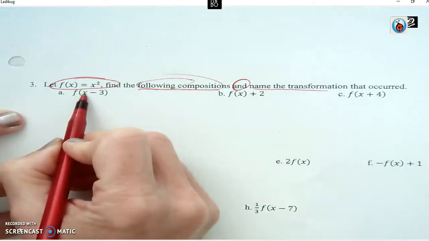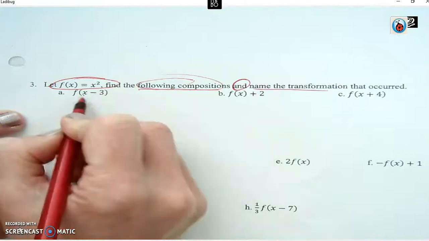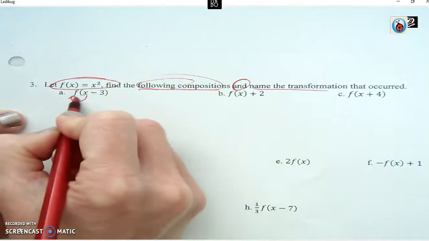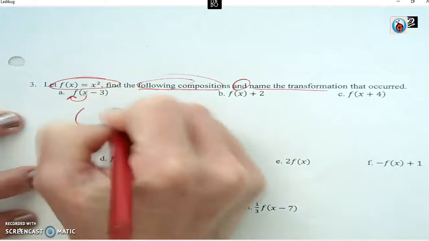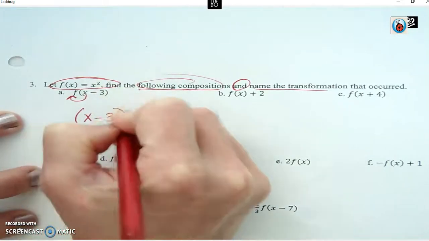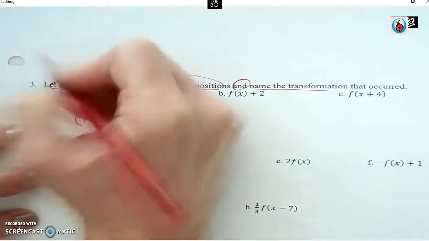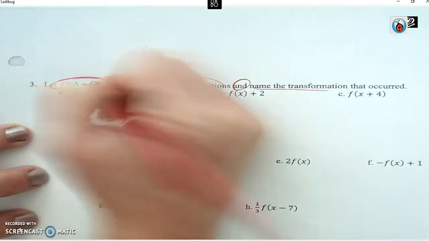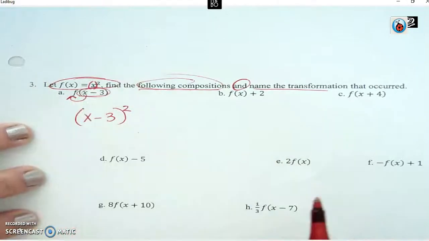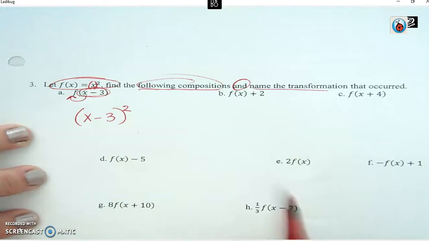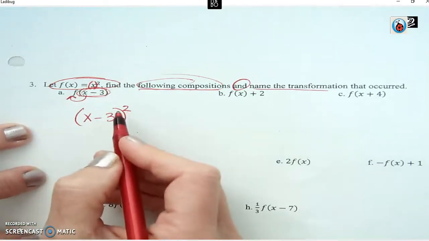We have to put x minus 3, it's in parentheses, into the function. And our function is x squared. So it's going to be x minus 3 and then squared. So in the x spot, you're putting in x minus 3. And you're going to leave the parentheses with it. So it's x minus 3 squared, right?